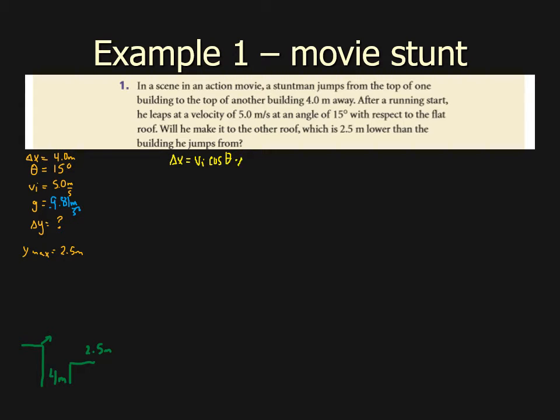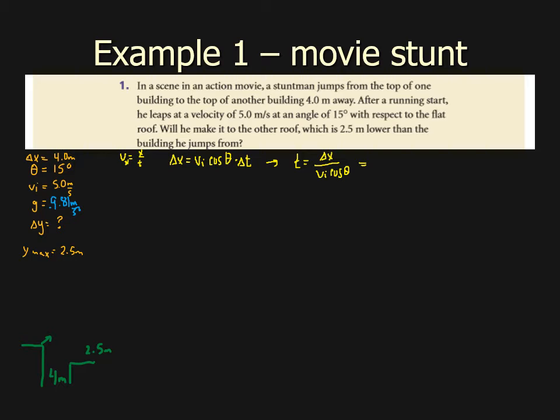And this would be multiplied by delta t, because this is a variation of the equation v equals x over t, and this is in the x direction. Okay, so I can rearrange this to solve for time, because I don't have time mentioned in any of my knowns, and that would be good to know as far as the time of flight. So time equals displacement divided by the initial velocity multiplied by the cosine of the angle.